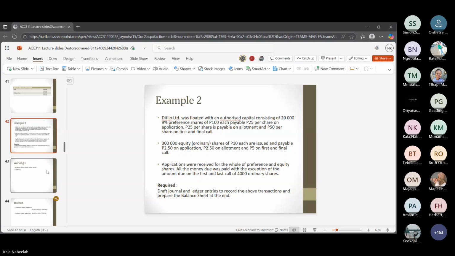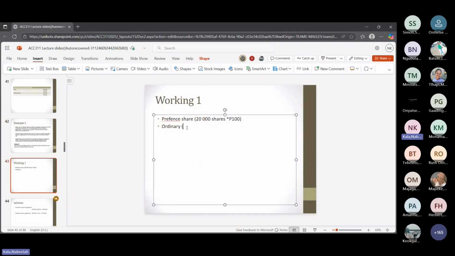So 20,000 times 100 puller is 2 million. So we expect 2 million from preference share. We also expect 3 million in ordinary share.